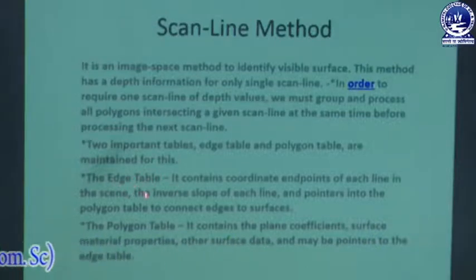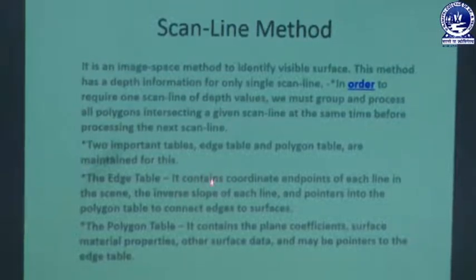So what is the edge table? Here the edge table contains the coordinate endpoints of each line in the scene, the inverse slope of each line, and pointers into the polygon table to connect edges to surfaces. The other table provided for maintaining the scan line depth values is the polygon table.